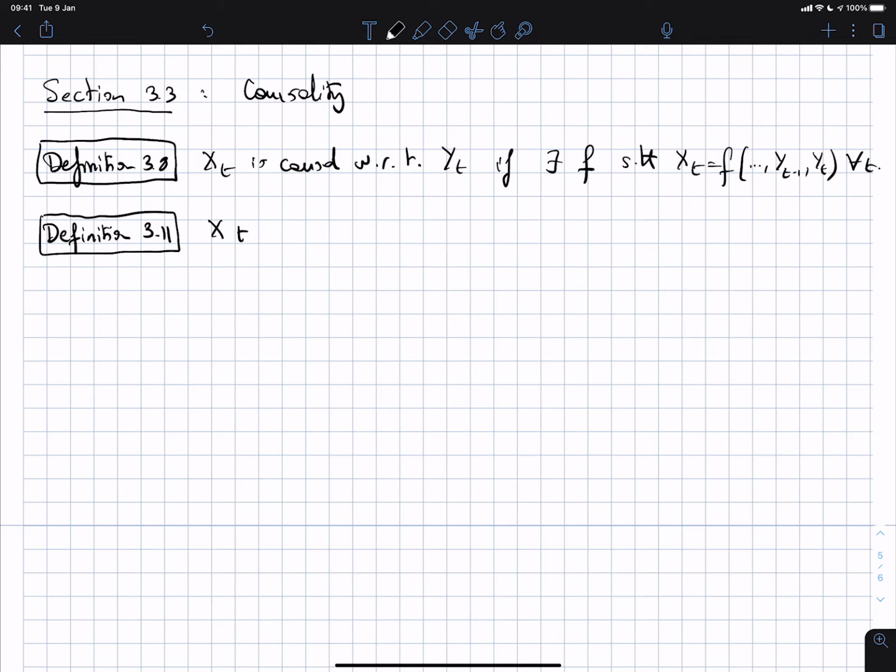So if xt is ARMA, so an ARMA(p,q) process xt is causal with respect to its noise.